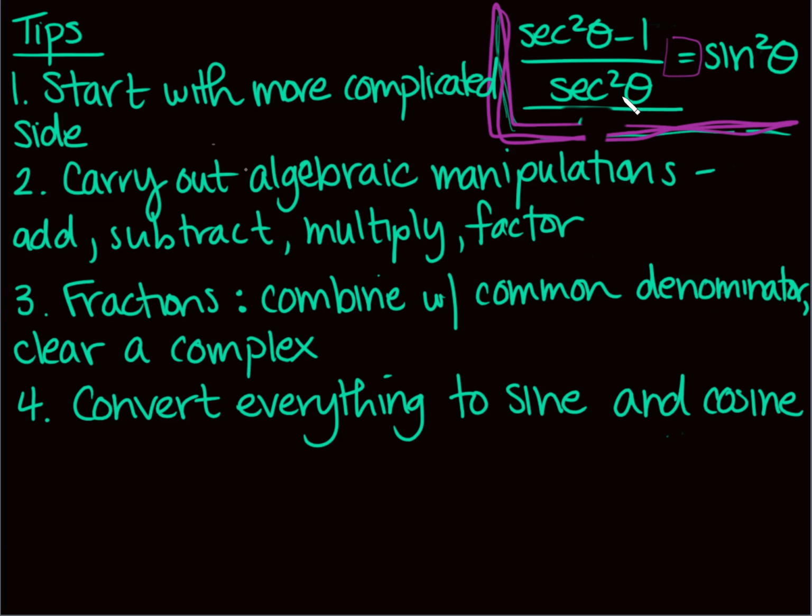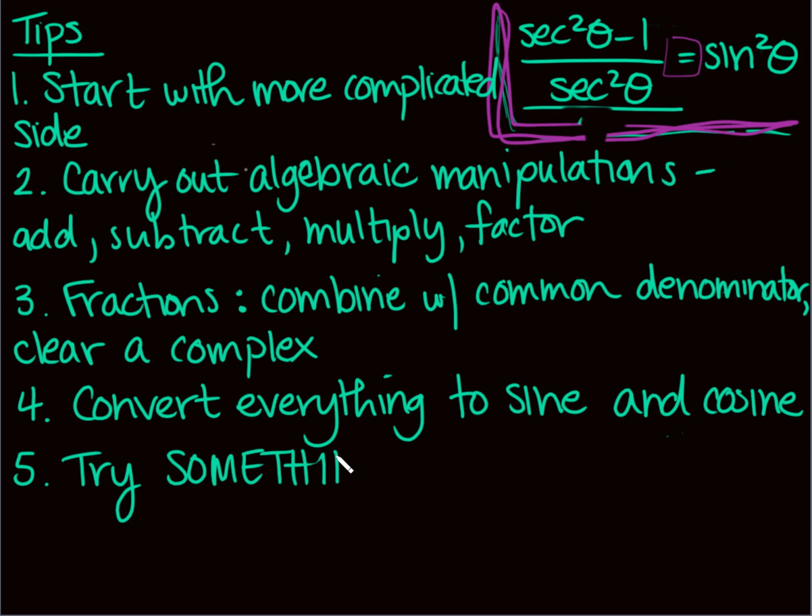I'm going to write everything in terms of cosine because there's not a whole lot I can do with this as is. But if I rewrite secant squared as 1 over cosine squared, then I have a complex fraction that maybe I can simplify. This number 4 usually works pretty well, converting everything to sine and cosine. And then number 5, I'm just going to put try something.